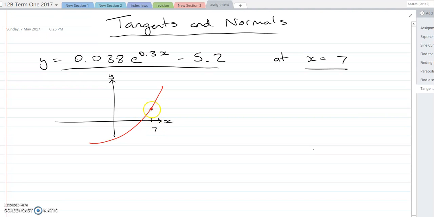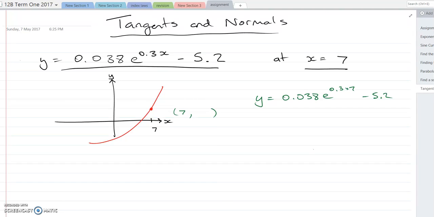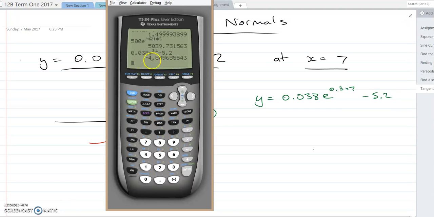At x equals 7, the first thing I need to do is find the other coordinate. This is 7 and something, so I need to plug 7 into my equation. Y equals 0.038 e to the 0.3 times 7 minus 5.2. I put that in my calculator and found my value, negative 4.89.